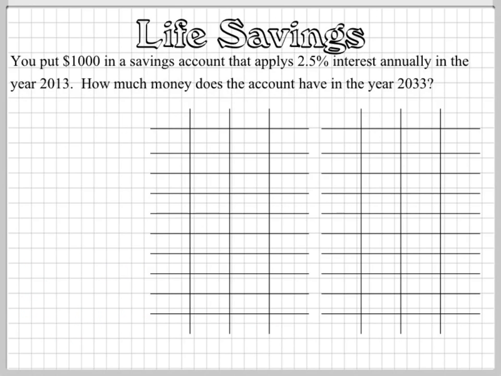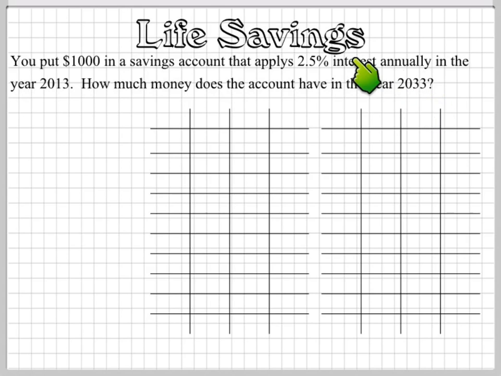Okay, so let's look at the first example. Let's pretend you guys have $1,000 and you drop it into a bank account that has 2.5% interest, and that compounds annually. You put it in there in 2013. How much money does the account have in this year right here, 2033?